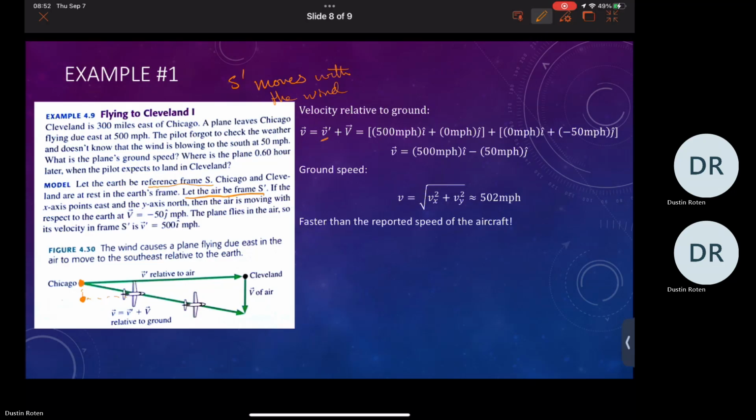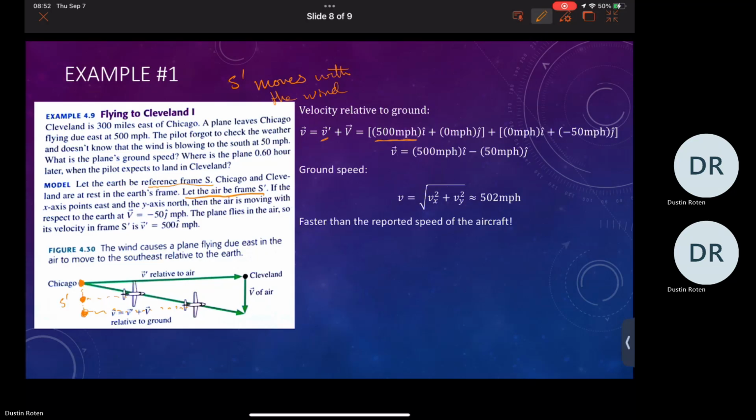Okay, so this is S prime. And then after a little more time, our origin gets blown further down. So since our origin travels with the wind, if we're sitting on that origin point, it just looks like the plane is moving directly away from us. There's no angle involved. So that's where this 500 miles per hour comes from.